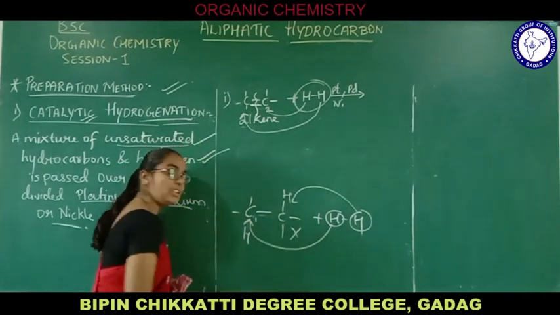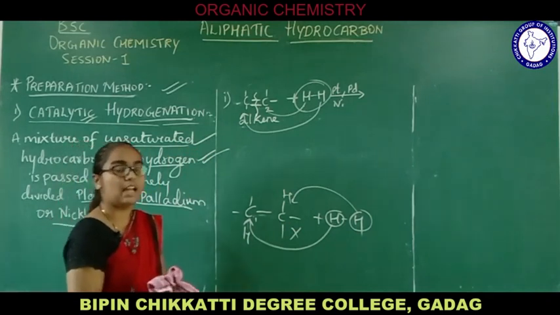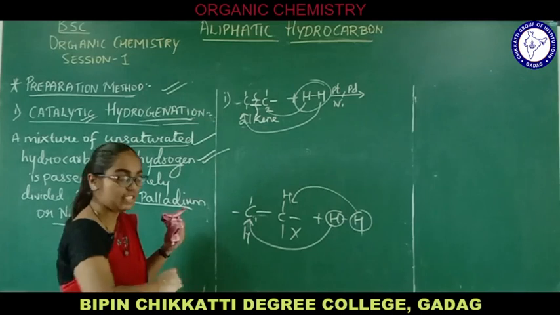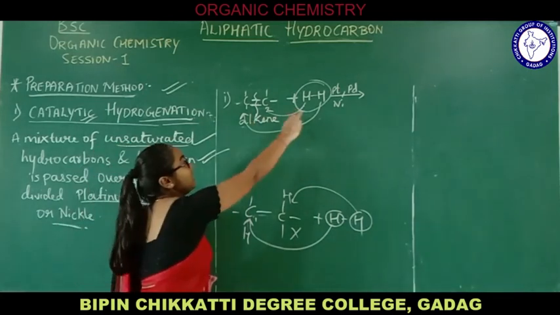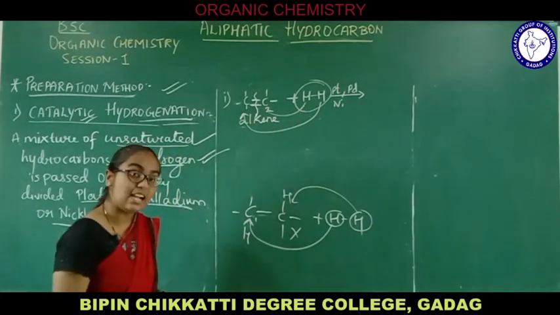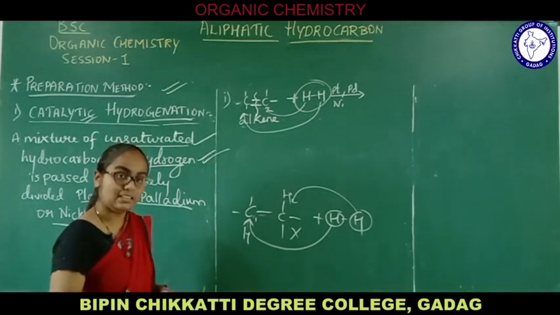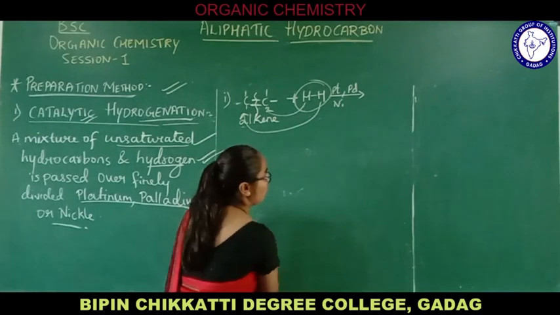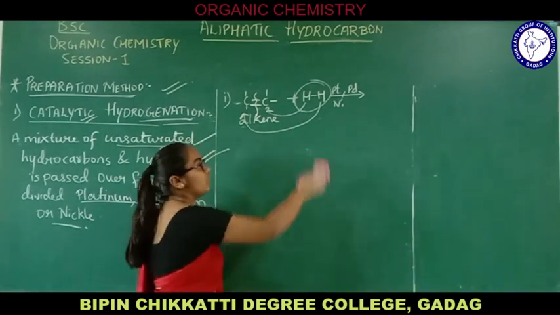This is not going to happen. Anti-position will not happen. The stereochemistry will be syn position, same side. Along the same side, these two hydrogen atoms will get attached to individual carbon atoms. Okay, and thereby the reduction of that carbon atom is happening, and you are getting the alkane over there.